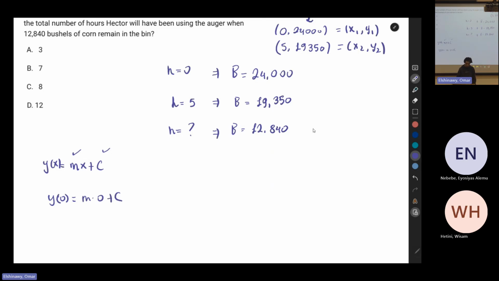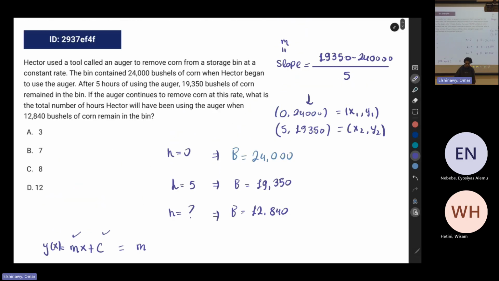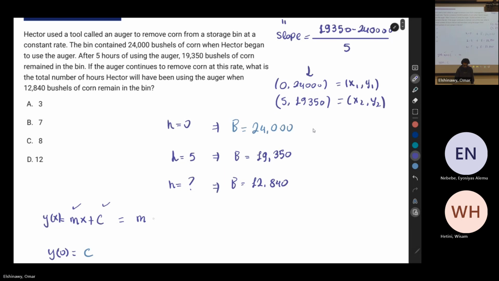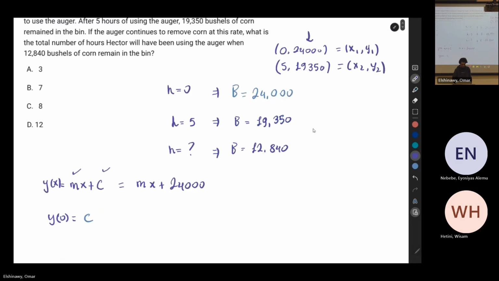This is just a refresher. So this linear model is just m, whatever you compute, multiplied by x, and then the constant is just 24,000. And now you have an equation in x and y.